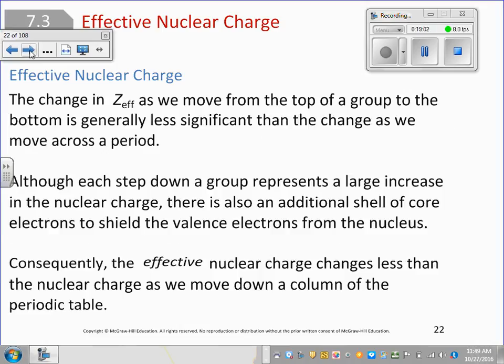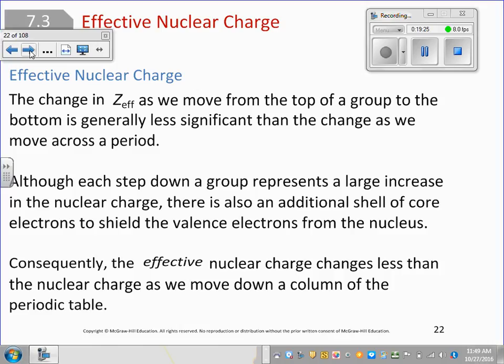Now, as we go from top to bottom, the change is less significant. Because obviously as you go from sodium 11 to potassium 19, we've added 8 more protons. We've almost doubled the amount of protons. So we've got a bigger positive charge.